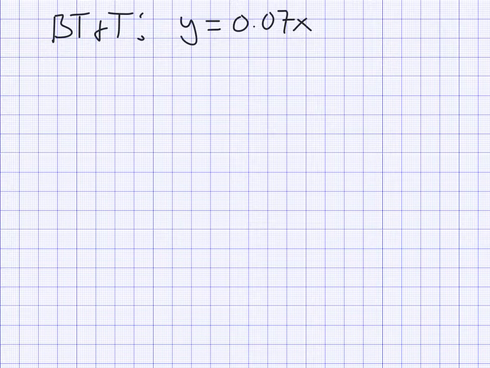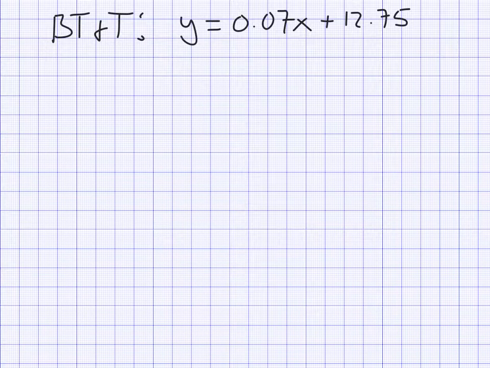That's 7 cents times x, which is the number of minutes, right? And that'll calculate how much you're going to end up paying just for the minutes that you use. But no matter what, each month you have a flat fee. For BT&T, that flat fee was $12.75.